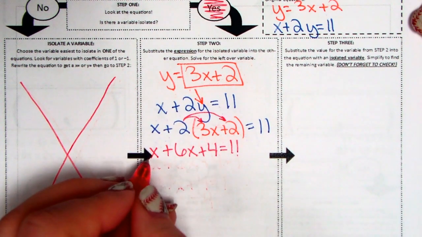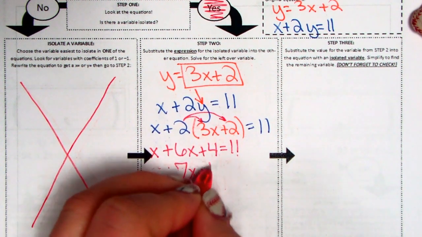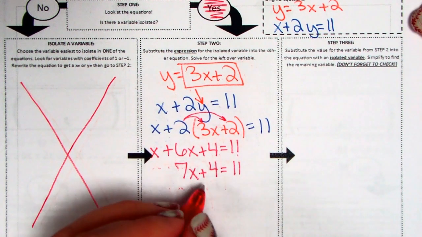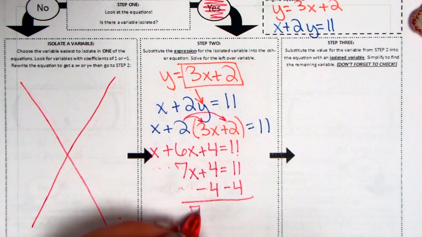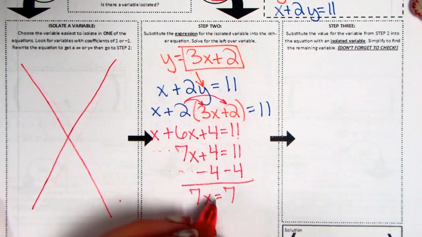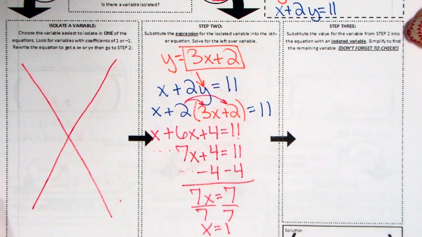Then we can add: 1x plus 6x gives me 7x plus 4 equals 11. Subtract 4 from both sides, and 7x equals 7. Then we'll divide by 7 on both sides, and we get that x equals 1.